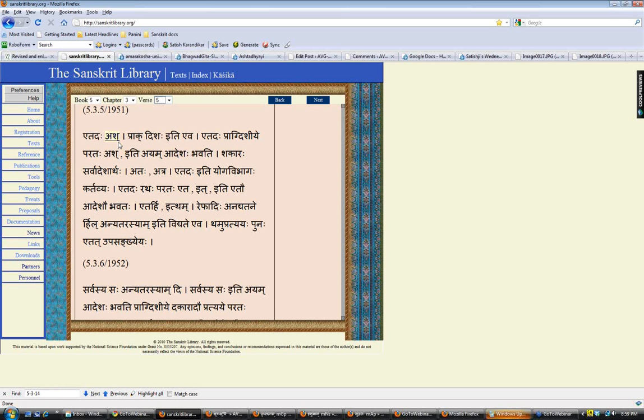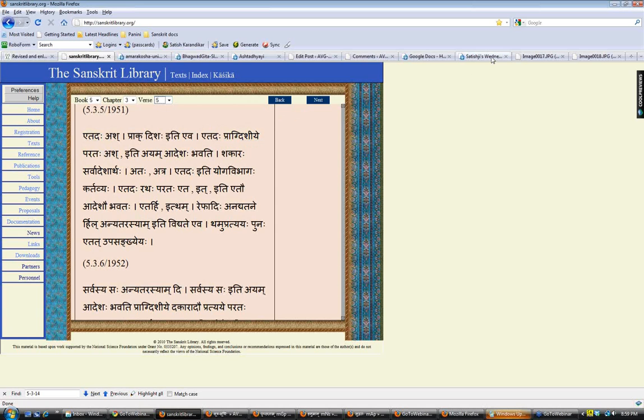But anekashit sarvasya: this ash, a talavya shakara, is marked with the it, and for that reason it replaces the whole. So the entire etad becomes akara.